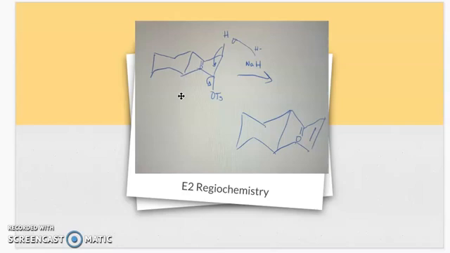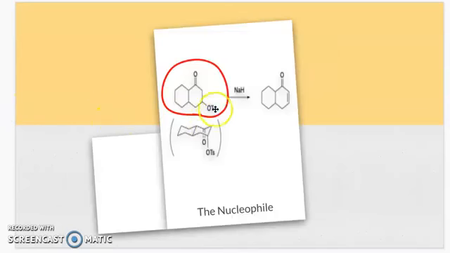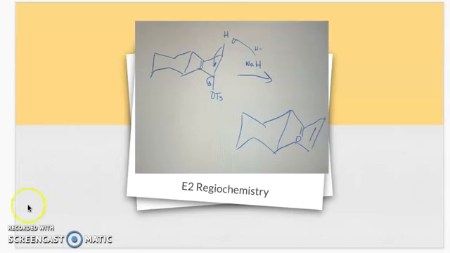Now, in order for the E2 reaction to occur, the leaving group, which is the tosylate here, you can also see it here as well, must be anti to the hydrogen that is removed on the adjacent carbon, which we can see here. They're both in axial positions where the beta hydrogen is axial up and the tosylate compound is axial down.